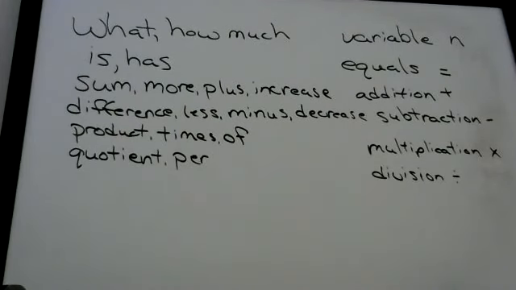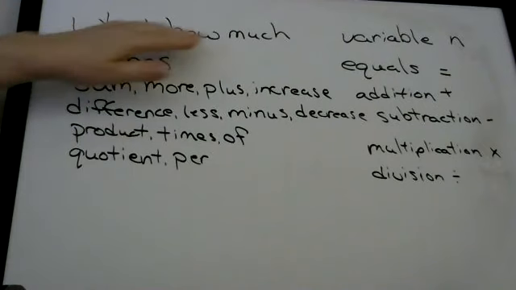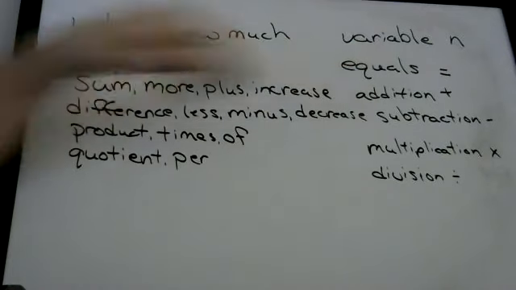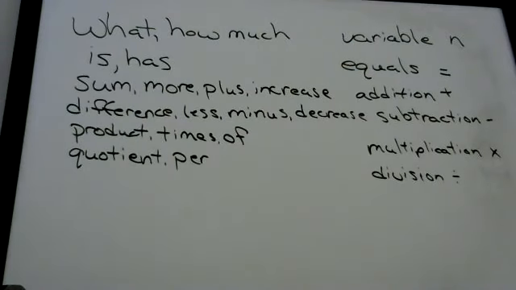So I've put some words up on the board here that, when you're doing algebra problems, especially if they're word problems, are going to help you if you're familiar with these words. Whenever you see the word what or how much, that's really representing the variable. I've put an example up there as n. So that's what you're usually trying to solve for.